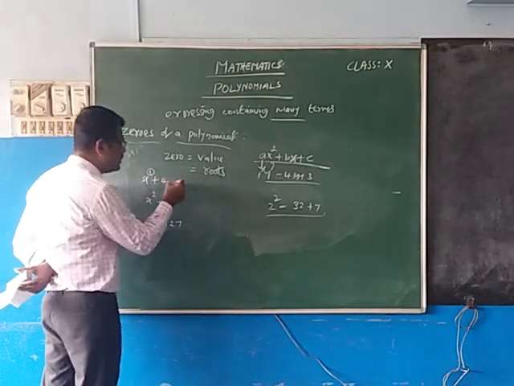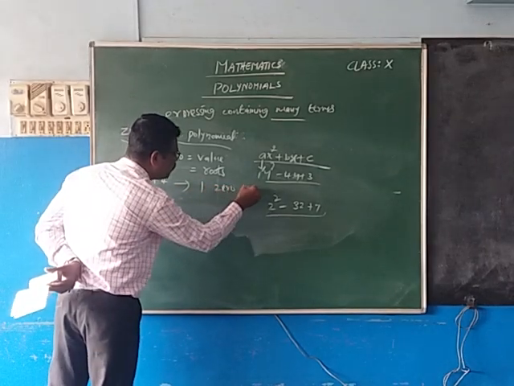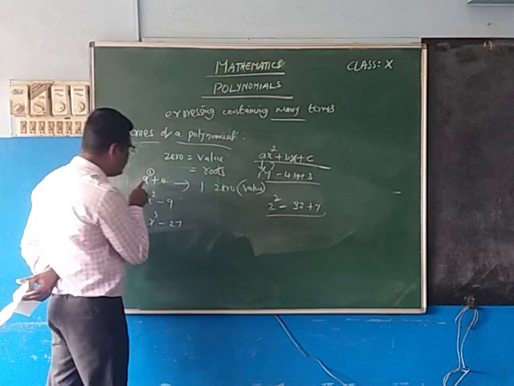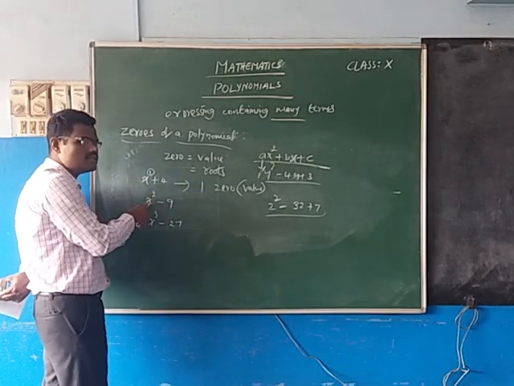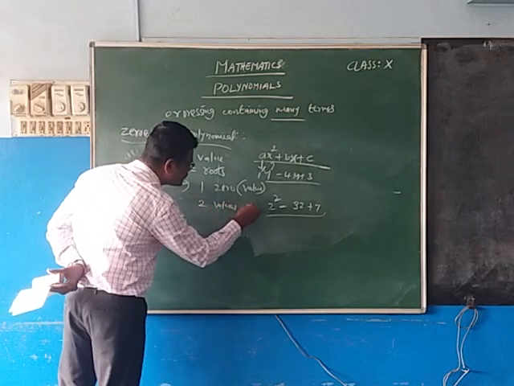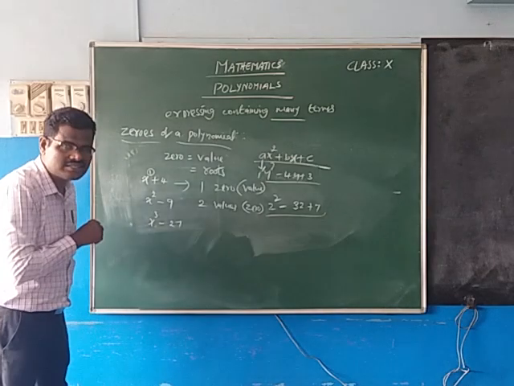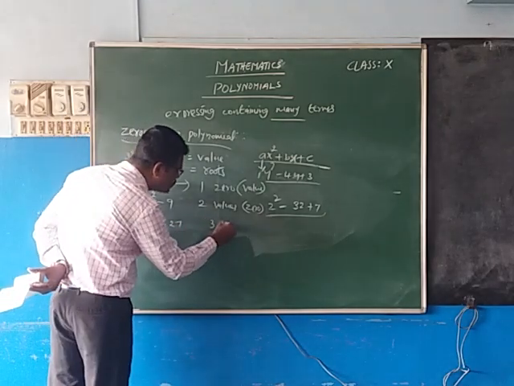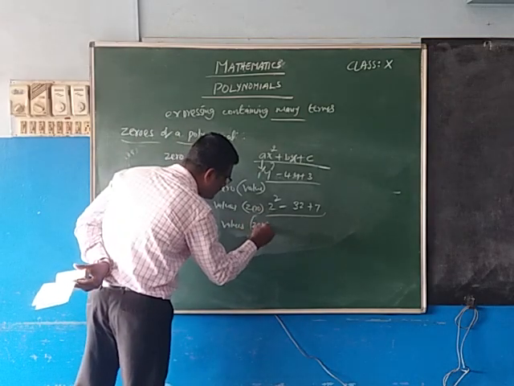Suppose the power is 1, then it has 1 zero, meaning 1 value. Suppose the power of x is 2, then it has 2 values, or it is called 2 zeros. If the power of x is 3, then it has 3 values. It is called 3 zeros. Like that. Understood?